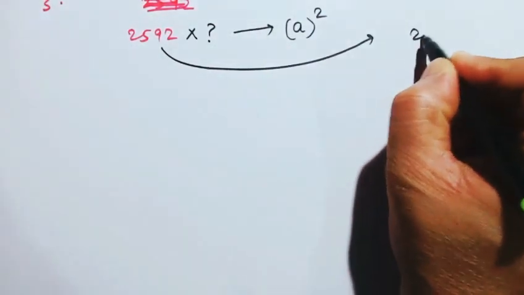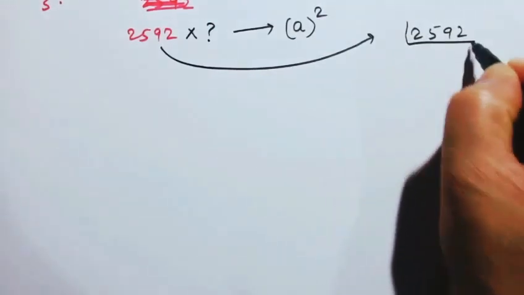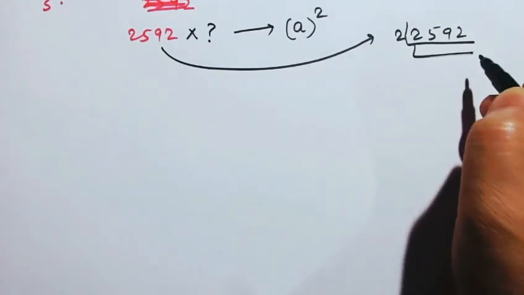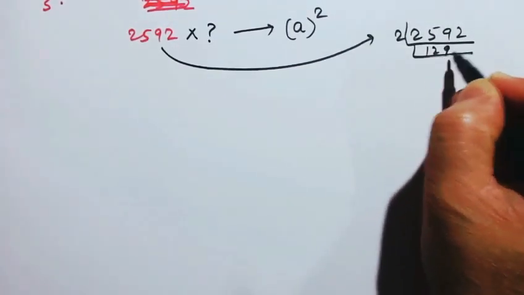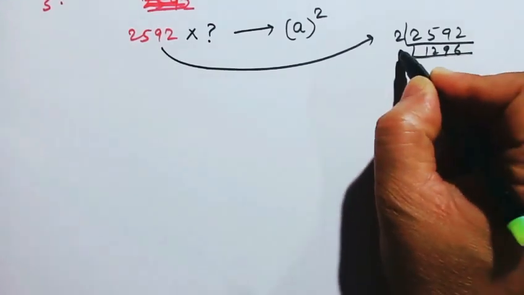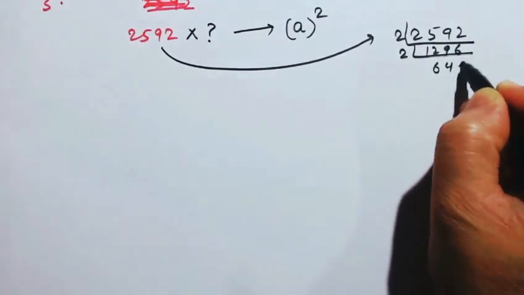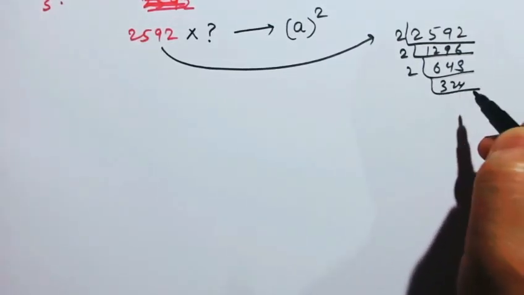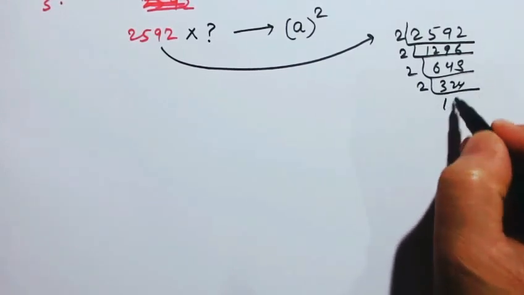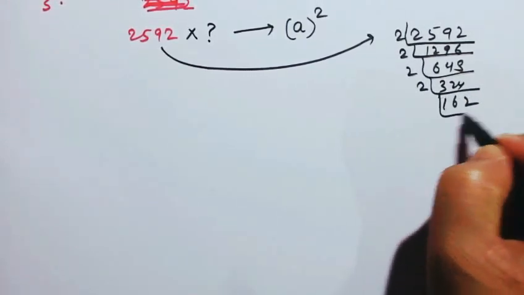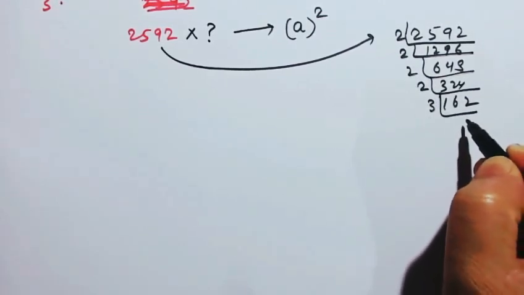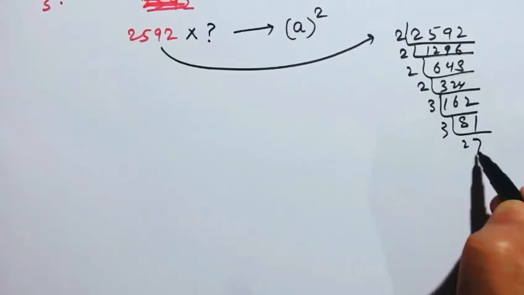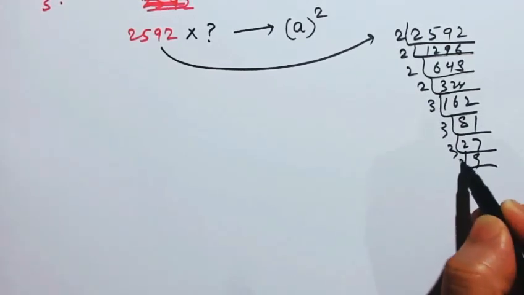When you convert it into its factors, you get 2, 1296, then 2, 648, 2, 324, 2, 162, then 3, 81, and 81 means again 3, 27, 3, 9, 3, 3.